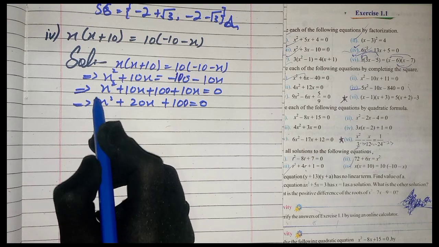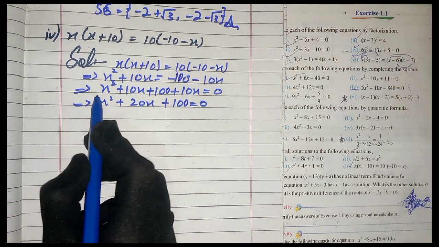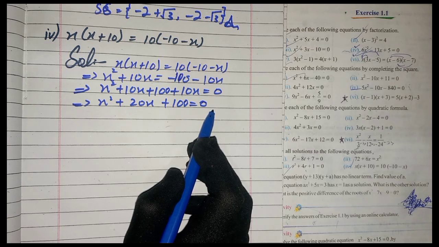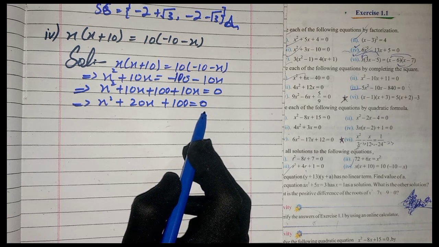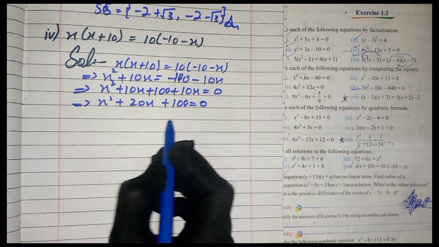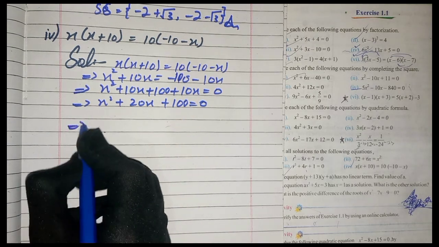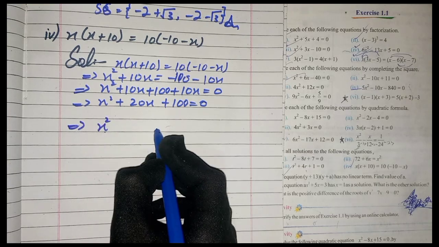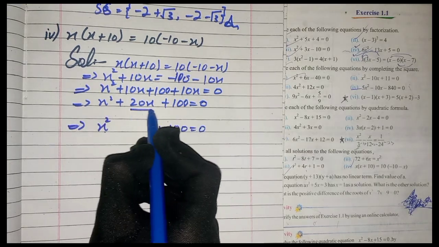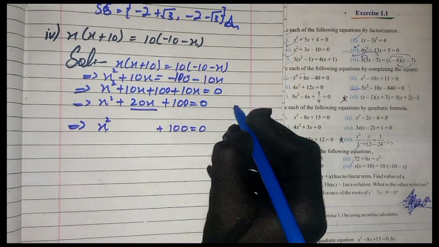So this equation is in standard form of quadratic equation. We can solve by any of the three methods: factorization method, completing square method and quadratic formula. Now we solve by factorization method. We write first term as it is and last term as it is. We break down the mid-term 20x.